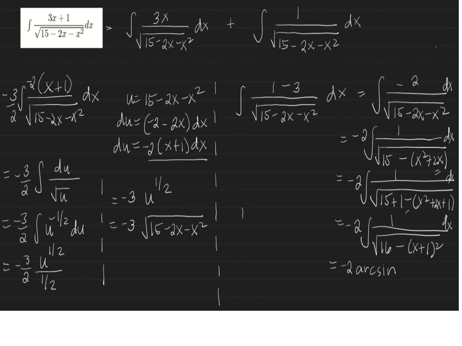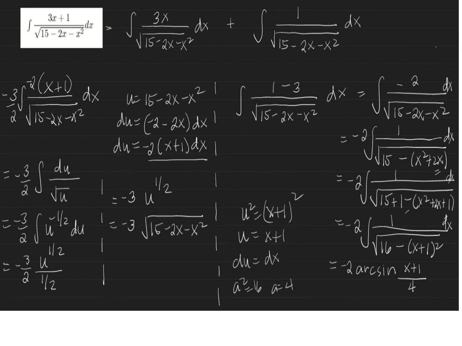So here, u squared will be x plus 1 squared, so u is x plus 1, and then du is dx, and a squared is 16, therefore a is 4. So we have the answer is negative 2 arc sine of x plus 1 over 4. And so this is the answer for the second term.